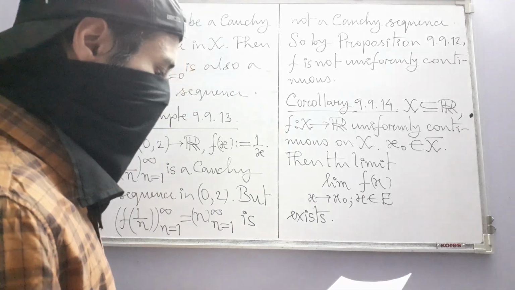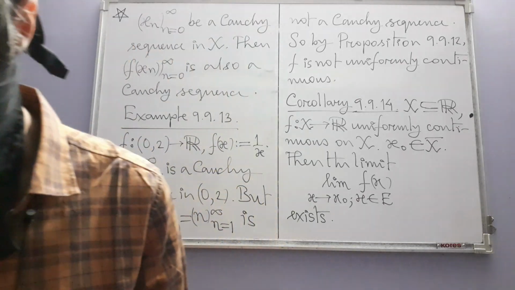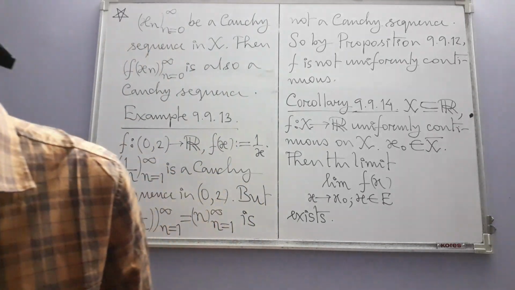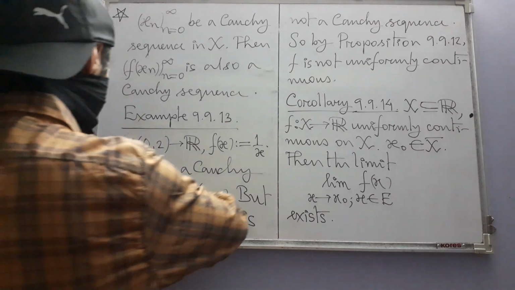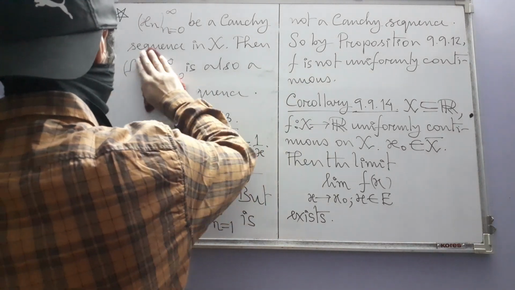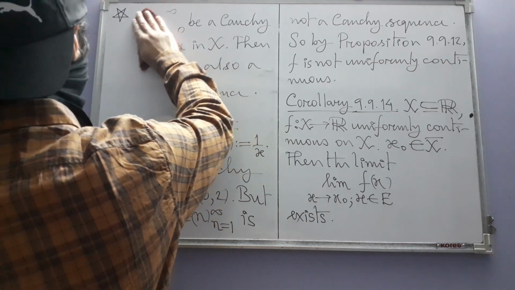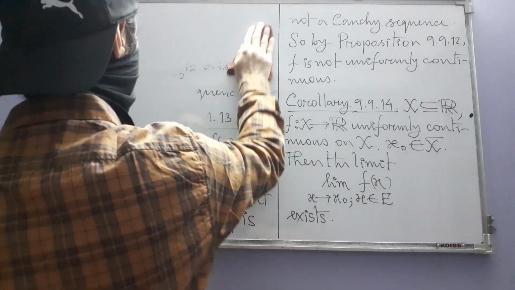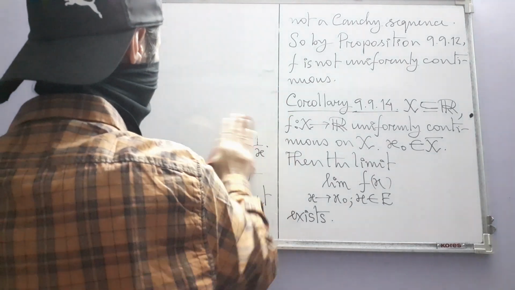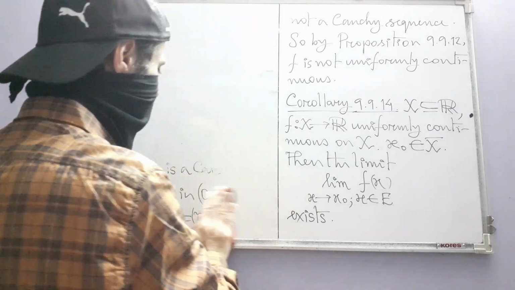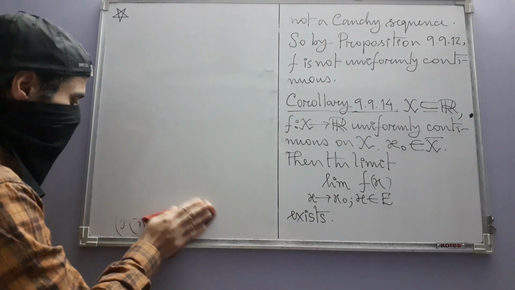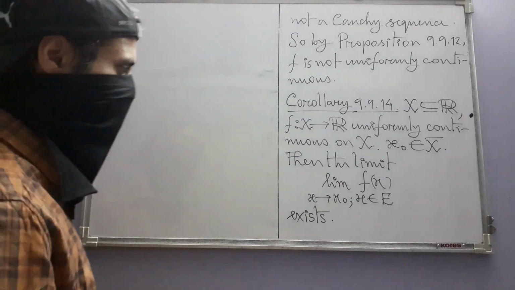And there is one more result related to boundedness of a function. Let's see that also. Boundedness of a uniformly continuous function. You see, boundedness is not always necessary for continuous functions. We have already seen that.